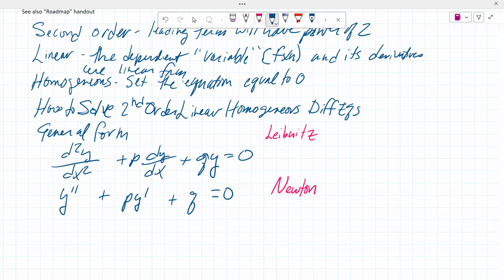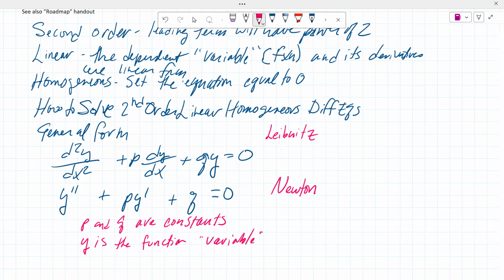What we want to note here is that P and Q are constants and y is the function variable we are trying to guess as we solve it. That's the point of doing this.